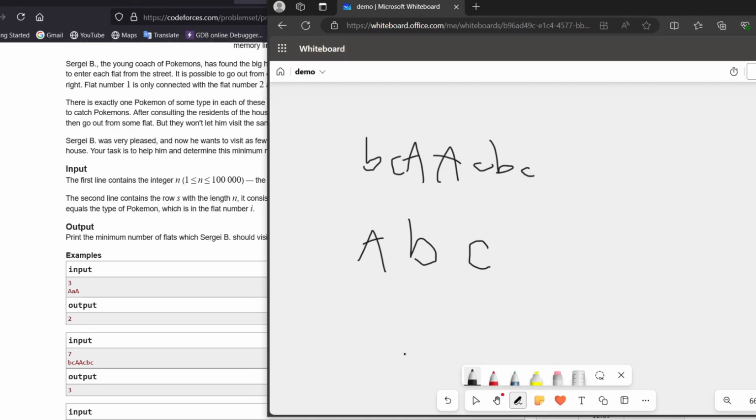We know that the least amount of houses he could possibly need to visit is 3, because we have 3 Pokemon types. And the largest number of houses he needs to visit would be n, with n being our first number, the number of total houses. So this is our range.